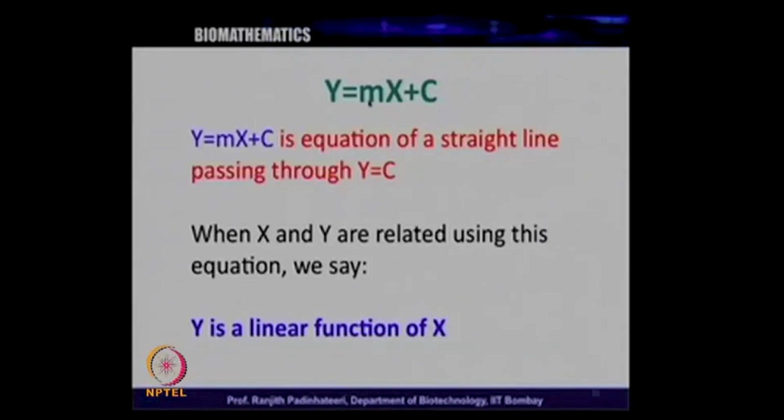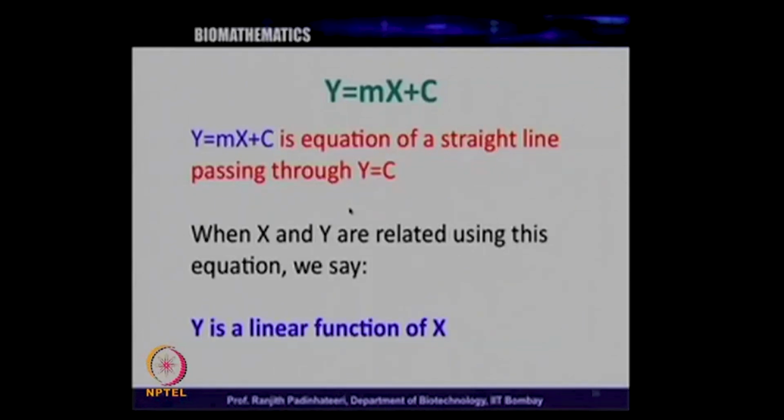You saw m values as 1 and 2 and c values as 0 and 4 in the previous slides, and this is the general equation of a straight line. When x and y are related using an equation of the kind y is equal to mx plus c, we say that y is a linear function of x.